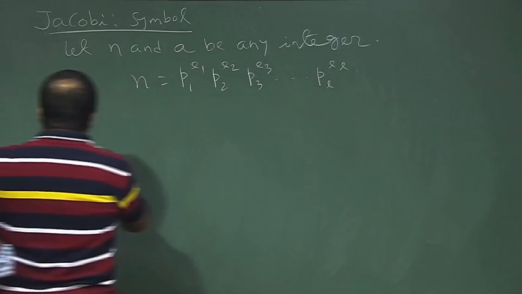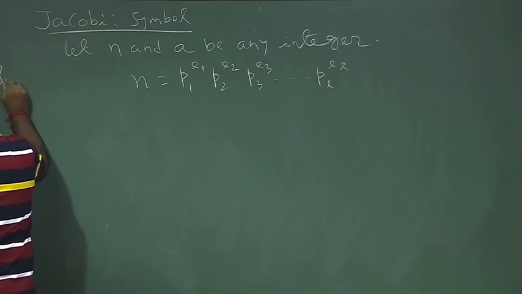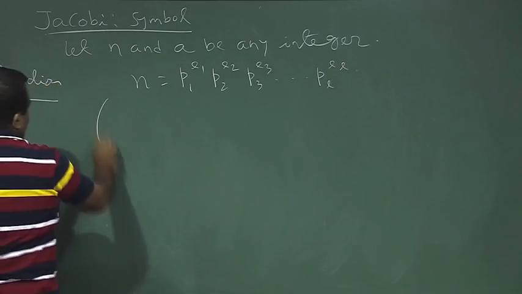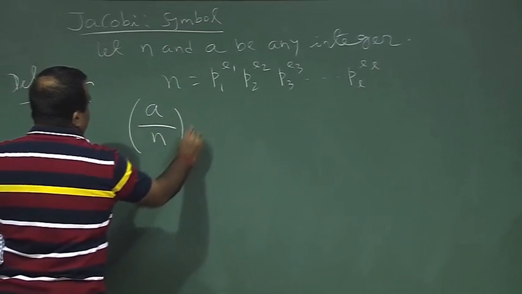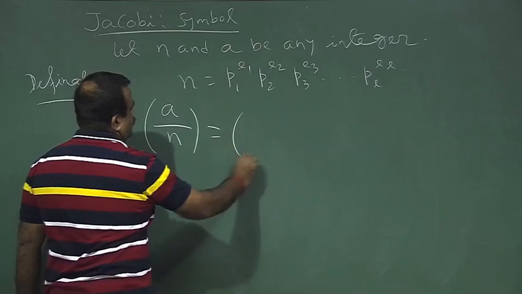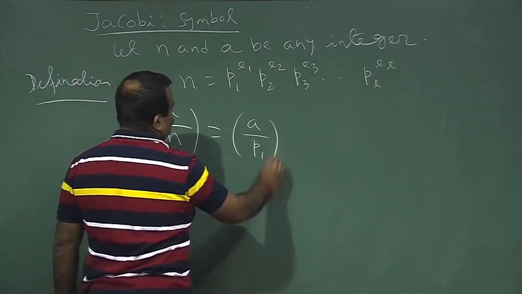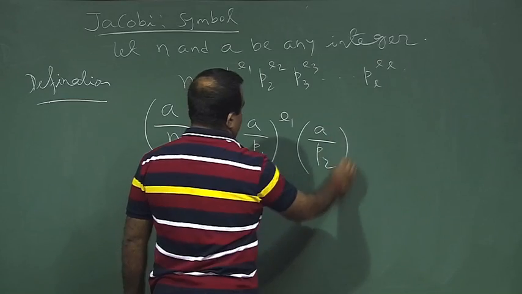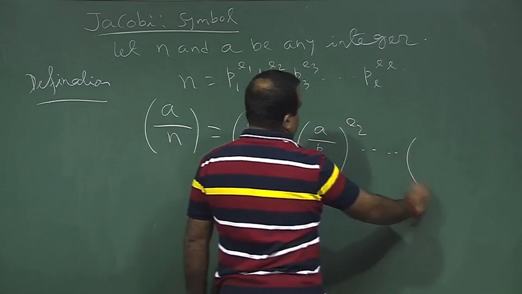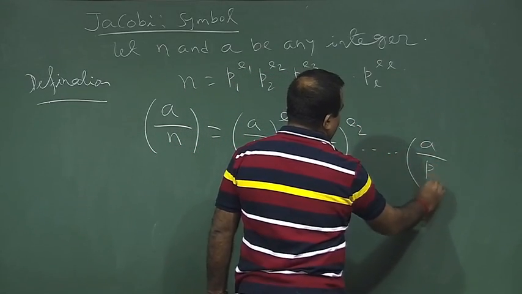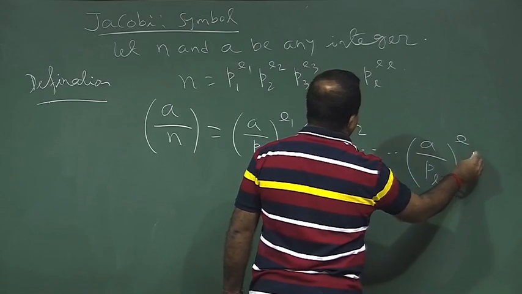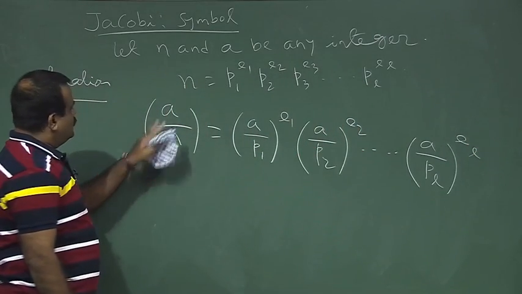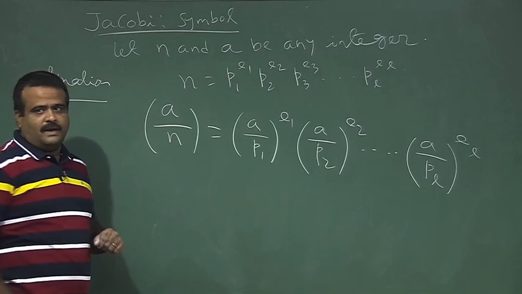Then this is the definition of the Jacobi symbol: we define (a by n) as (a by P1)^E1 times (a by P2)^E2, and so on, up to (a by PL)^EL. This is the definition of (a by n), where n is not a prime.